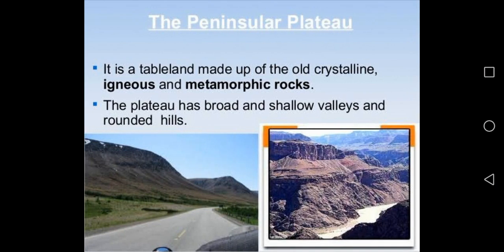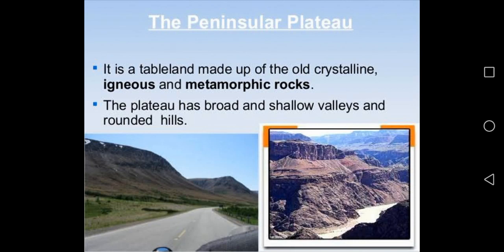So the Peninsular Plateau is a tableland made up of old crystalline igneous and metamorphic rocks. That's why it has very tough terrain. Tableland means the upper part is round in shape; tops are not conical.